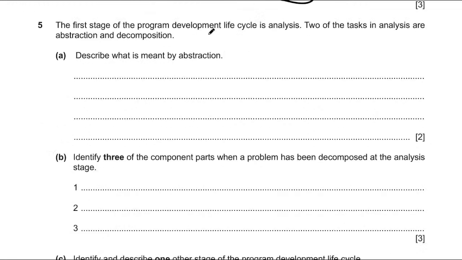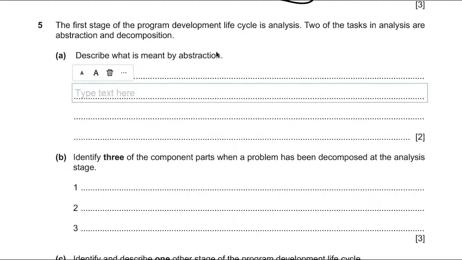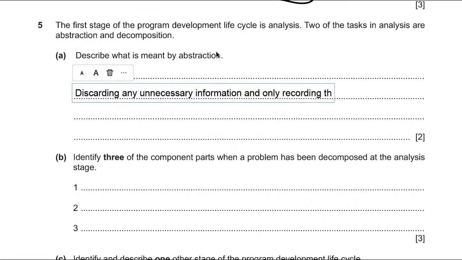The first stage of the program development life cycle is analysis. 2 of the tasks in analysis are decomposition and abstraction. Describe what is meant by abstraction. Yes, I know I read it in the reverse order, but doesn't really matter. Discarding any unnecessary information and only recording the key information.